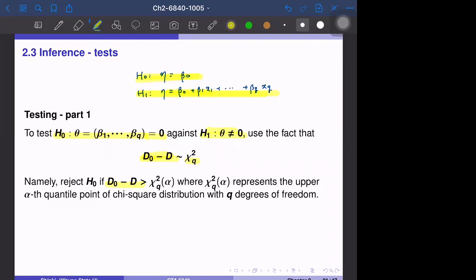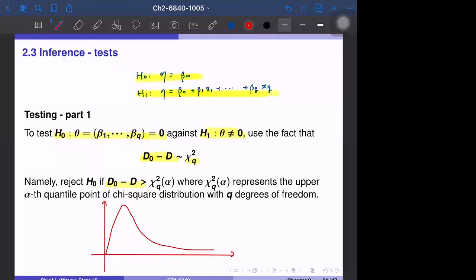Okay, so we have the chi-square distribution with df q. This is the density function, and our test statistic is here. If the area to the right of the test statistic is smaller than alpha, the significance level, then we reject the null hypothesis.